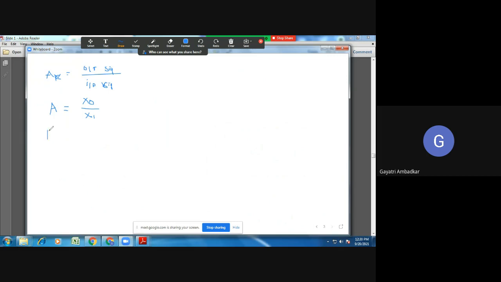Now if I want to find gain with feedback, I will call it Af, gain with feedback. Let us consider positive feedback first. With feedback, if I use the same notation, it will be Xo upon Xi.